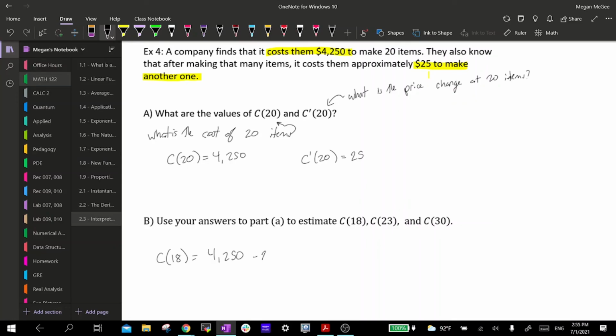The cost of 1 unit was 25, so we say 2 times 25, and we end up with 4,200.